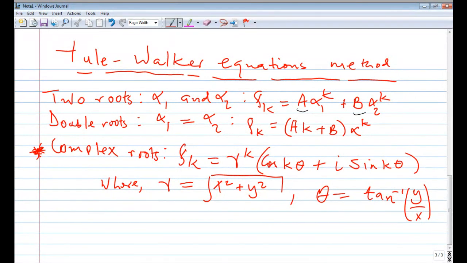Okay, let's quickly go to the autoregressive process of order 2 so that we can apply one of those types of equations. Sir, you said you won't ask us what? The third autocorrelation equation, the one that contains the complex roots.